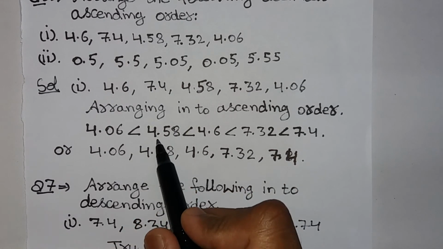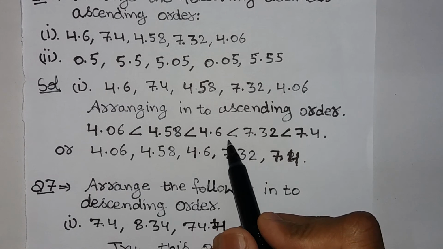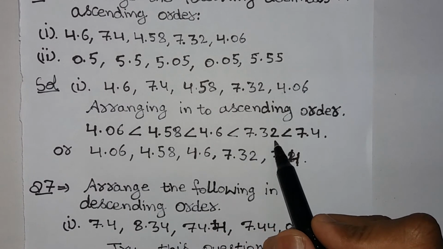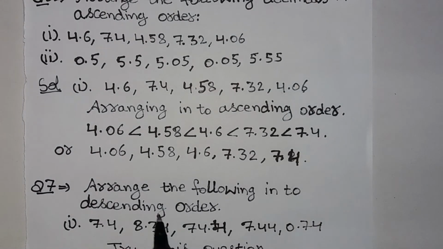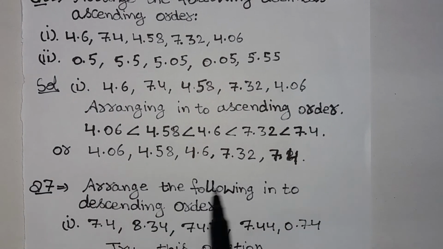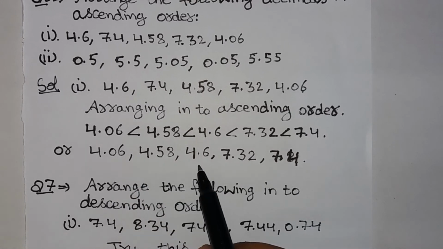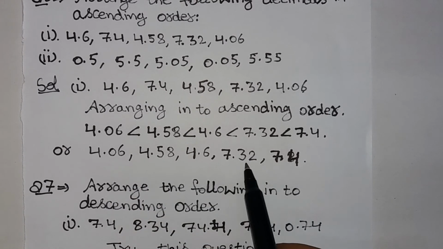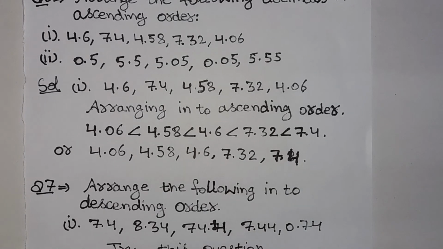Greater than this is 4.58, again greater than this 4.6, then 7.32, and the greatest number is 7.4. So in ascending order it will be 4.06, 4.58, 4.6, 7.32 and at last 7.4.